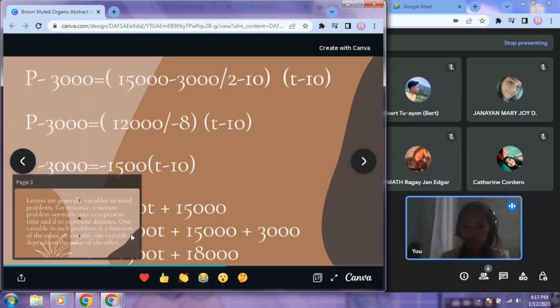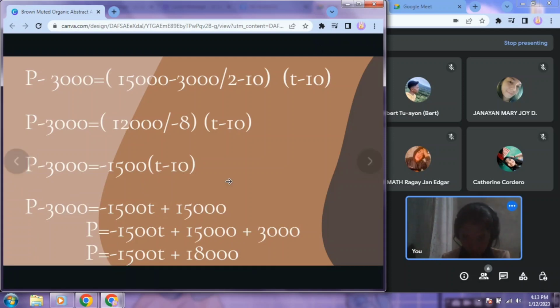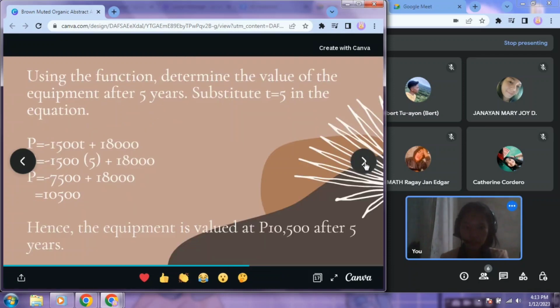So P equals negative 1,500 T plus 18,000. Now, using the function, determine the value of the equipment after 5 years. Substitute T equals 5 in the equation.